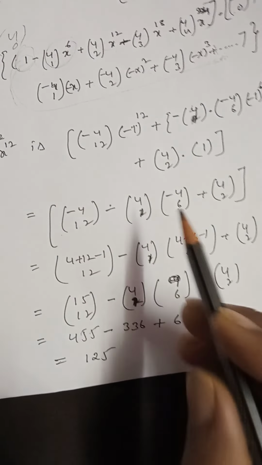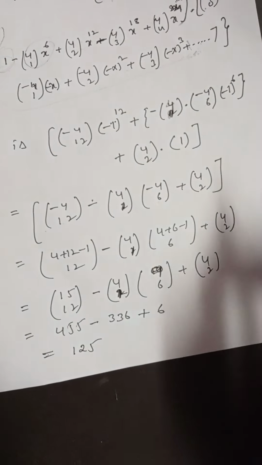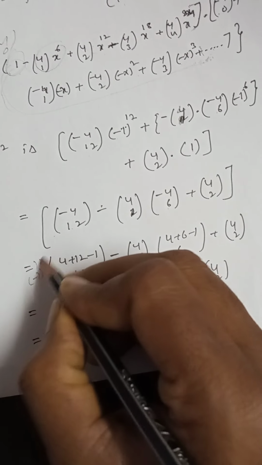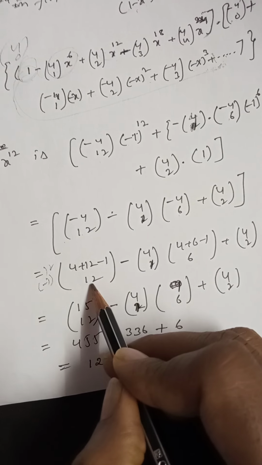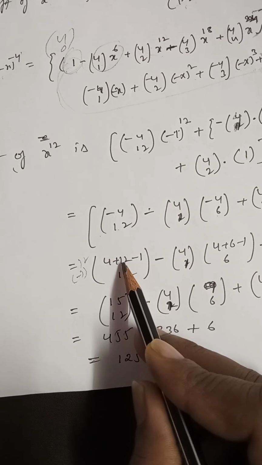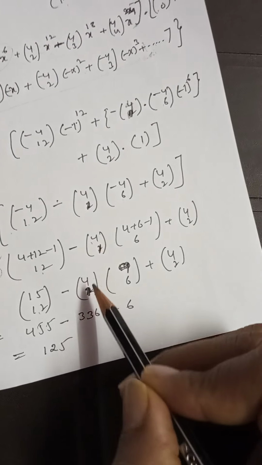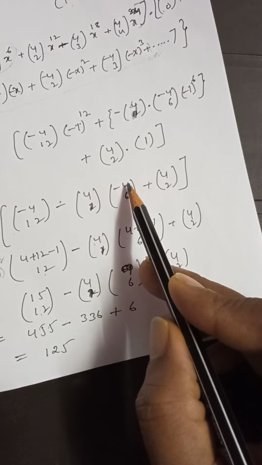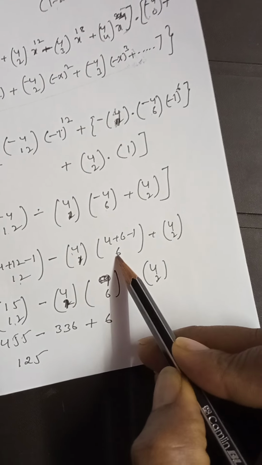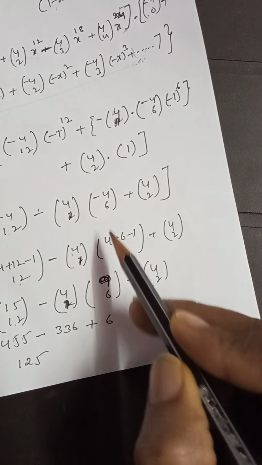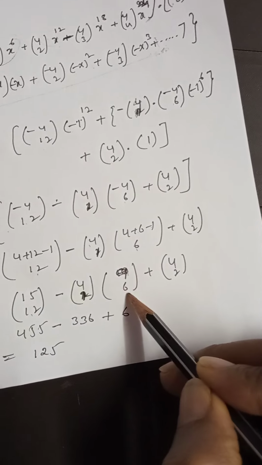Now we are applying this formula: minus 4C12 is equal to, as I have written actually here, (minus 1)^12 is positive only, 4 plus 12 minus 1 C12, that is 4 plus 12 is 16 minus 1 is 15C12. Here 4C1 is 4 only. Now minus 4C6 can be written as 4 plus 6 minus 1 C6, right? Into (minus 1)^6, that is positive only. 4 plus 6 is 10 minus 1 is 9, 9C6.